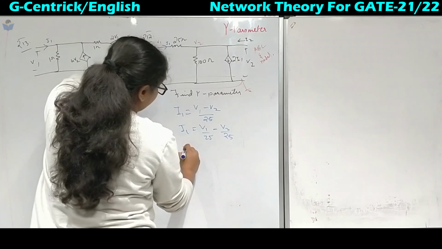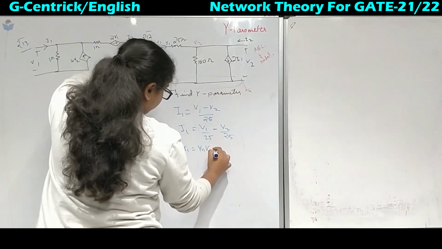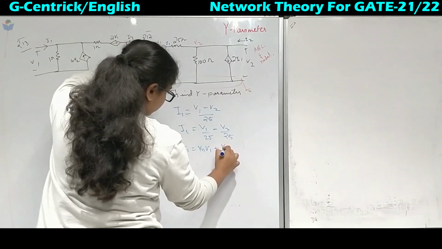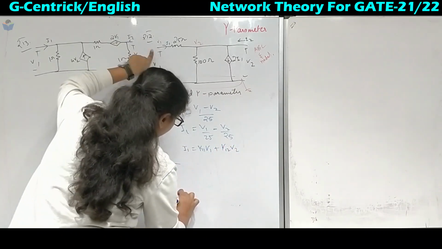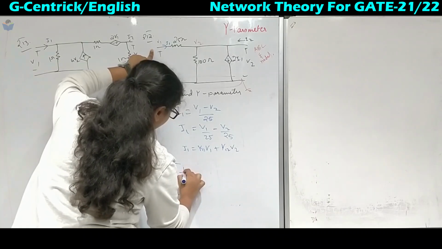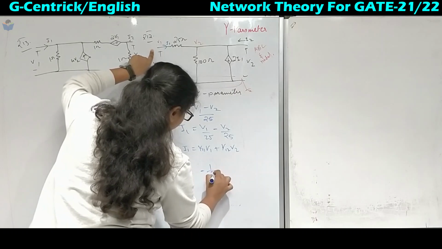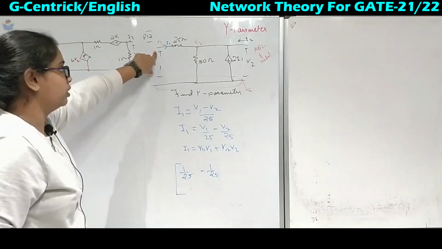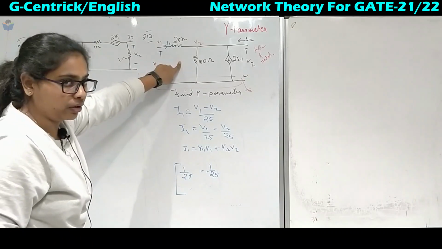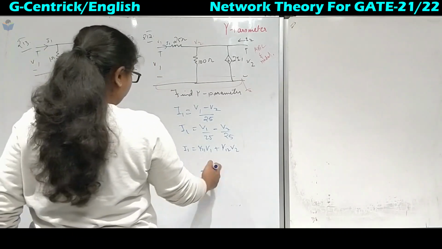If I compare this to the admittance matrix equations, Y11 V1, Y12 V2, I can get Y11 as 1 over 25 and Y12 as minus 1 over 25. Do not write Y12 equal to Y21. This is not a pi network. So we are not going to make that mistake.